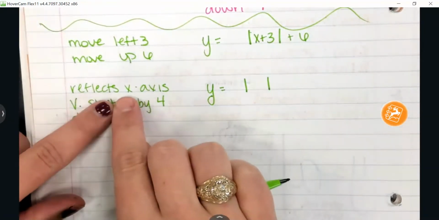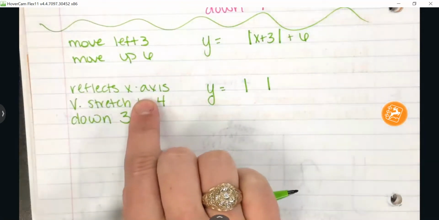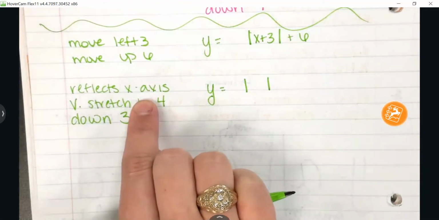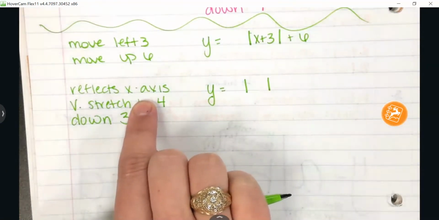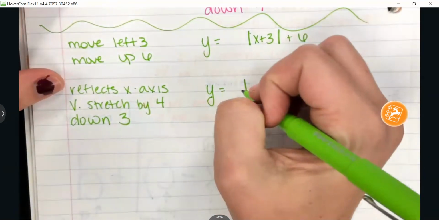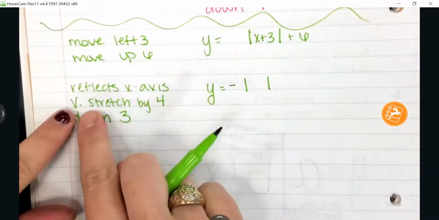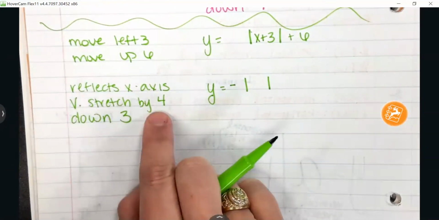If I reflect the x-axis, that means I'm jumping the x-axis. Which way am I moving if I jump the x-axis? Vertically. So is my negative sign inside or outside? Outside. Vertical. Where am I? Inside or outside? Outside. A stretch by 4.